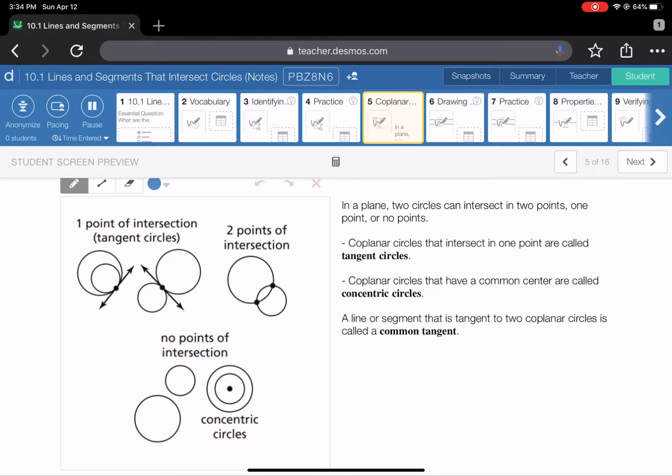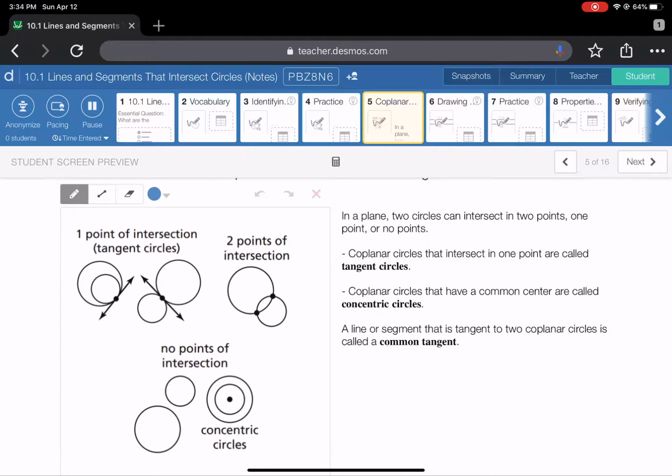All right, so next we're going to talk about pairs of circles that are coplanar and that contain common tangents. In a plane, 2 circles can intersect at 2 points, 1 point or no points.